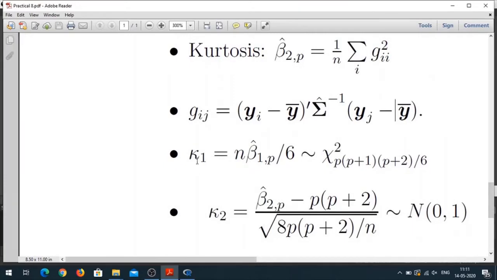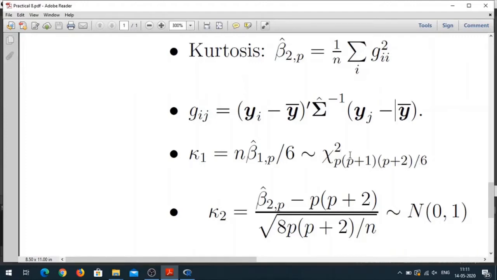Once I have beta 1 hat and beta 2 hat, the test statistic is just a modification of them. So kappa 1 is a test statistic based on skewness, that is, based on beta 1 hat. So the test statistic is n times beta 1 hat p upon 6. This p is just to indicate that it is based on p variables, so it's part of the notation. So n beta 1 hat upon 6 follows chi-square with p(p+1)(p+2)/6 degrees of freedom.